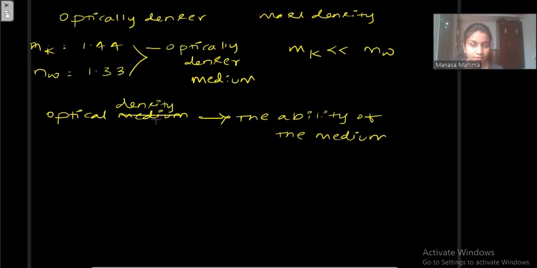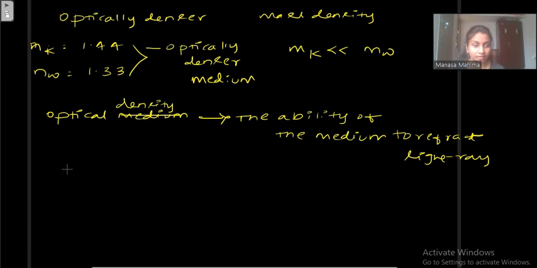The optical density, what does that mean? The ability of the medium to refract light rays, that we call optical density, right? This optical density is different from the mass density. Don't get confused between optical density and mass density.